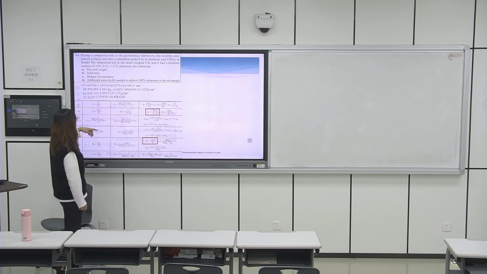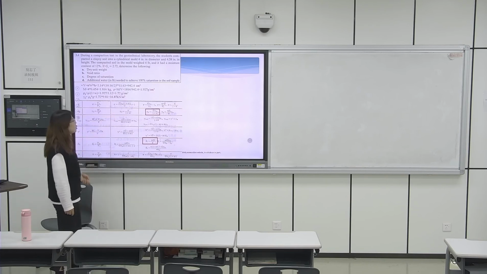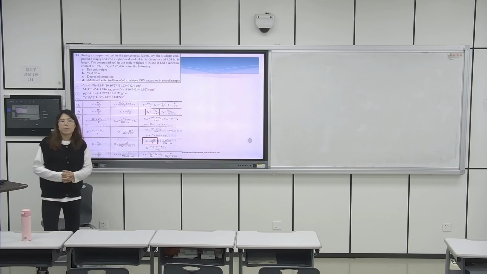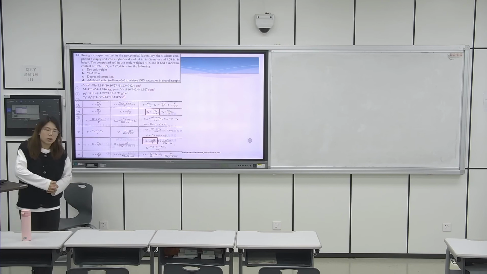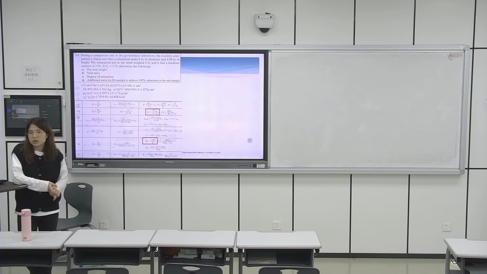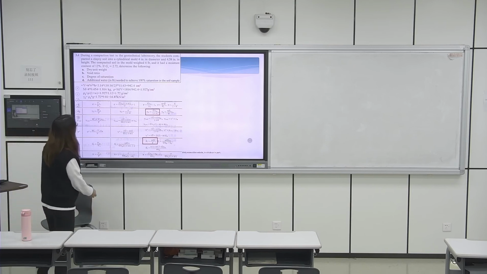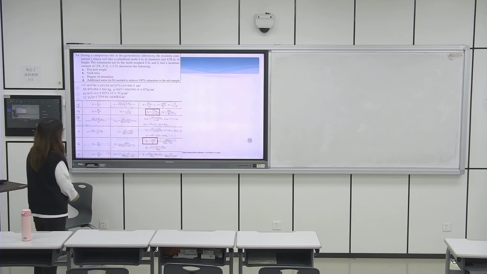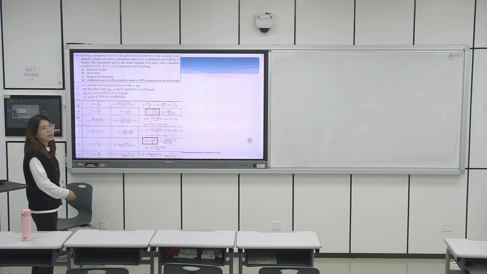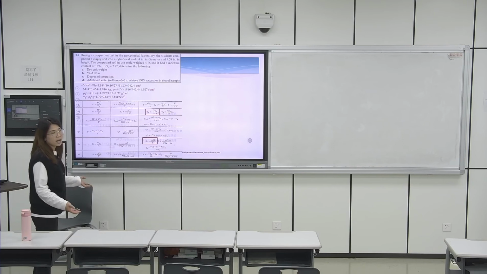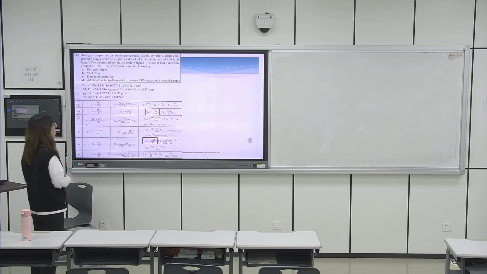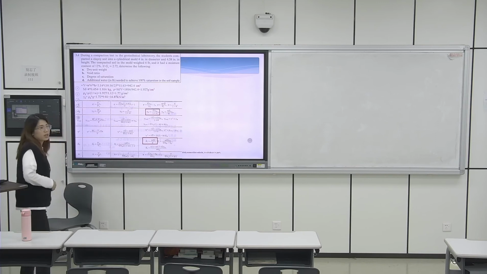If you want to calculate the moist unit weight, you need to know the weight of the soil and the volume of the soil, right? Let's say the weight of the soil is 4 lb. We already know it. And then what we need to know is the volume of the soil. The volume of soil isn't given directly.